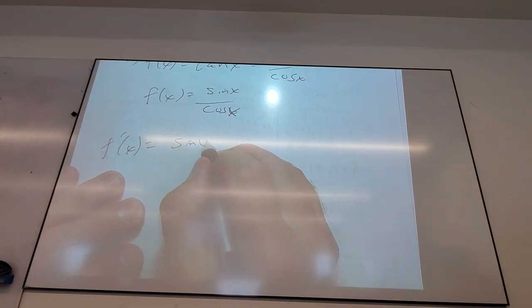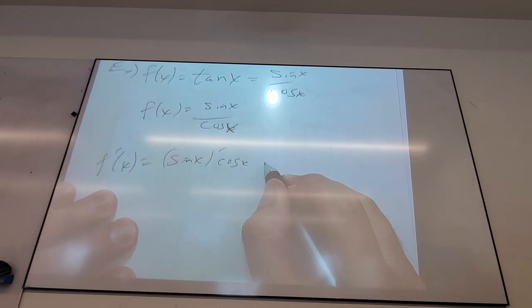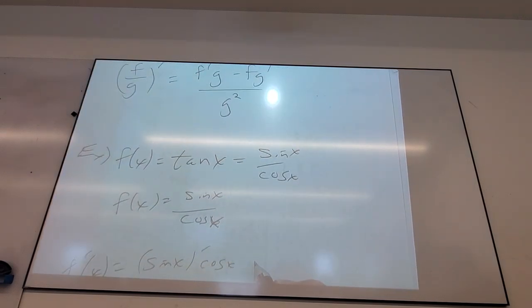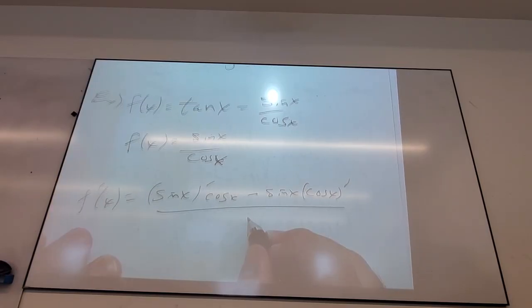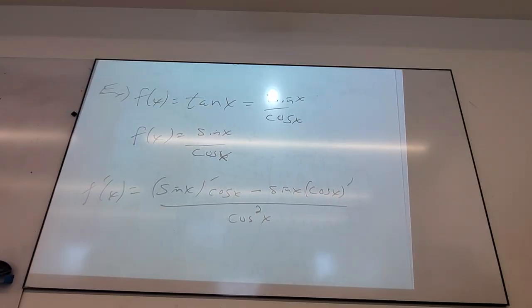So top derivative times the bottom, minus top left alone times bottom derivative, all over the bottom squared. Yes, that's quotient rule.